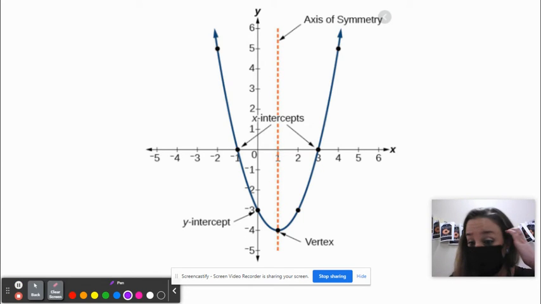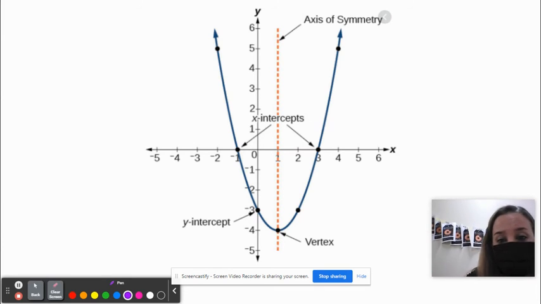So I'm going to break all of these parts down, because this might look a little crazy, into two separate parts. In this video, we're going to be focusing on the y-intercept, which you should be kind of used to, and x-intercepts, and there's normally going to be two of them.